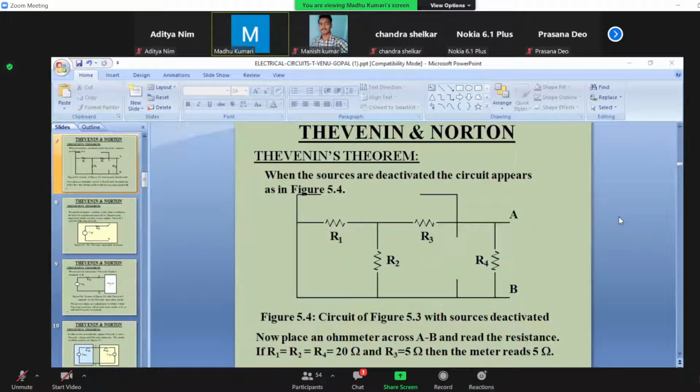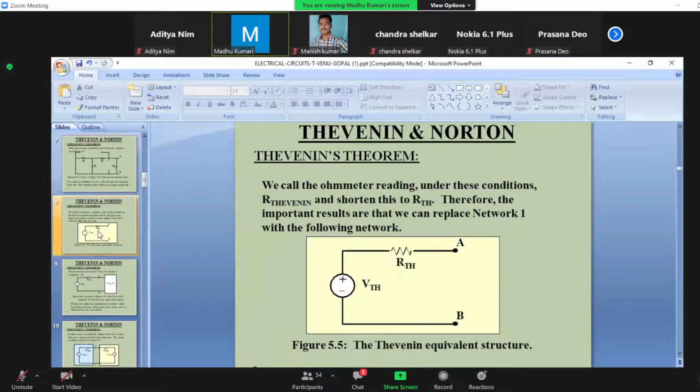Now calculate the current, assuming voltage is not given. How can we calculate the voltage across A and B? That will be the V Thevenin. Now come to the second point, second slide. This is V Thevenin and this one is R Thevenin, both connected in series.